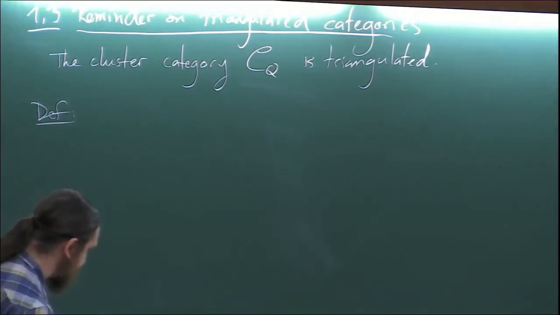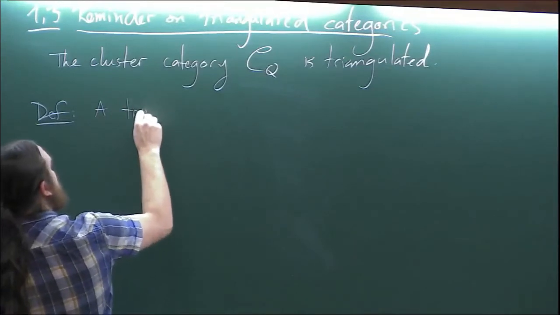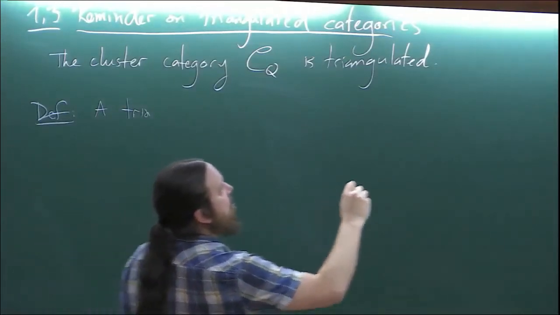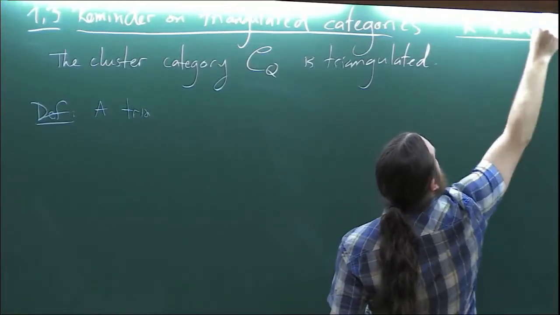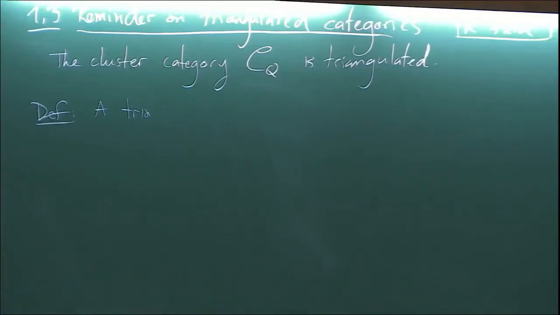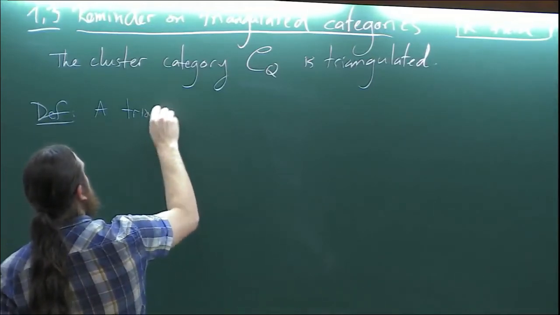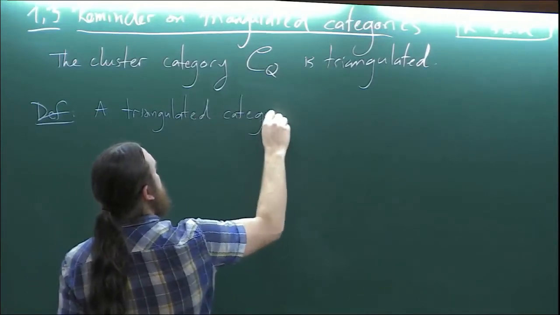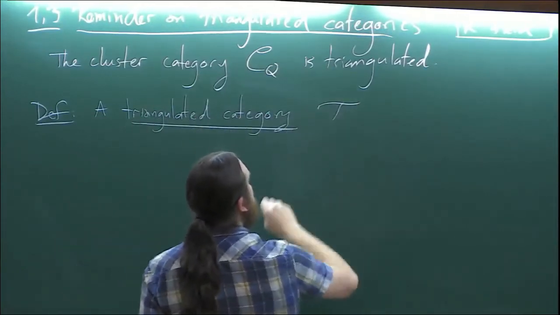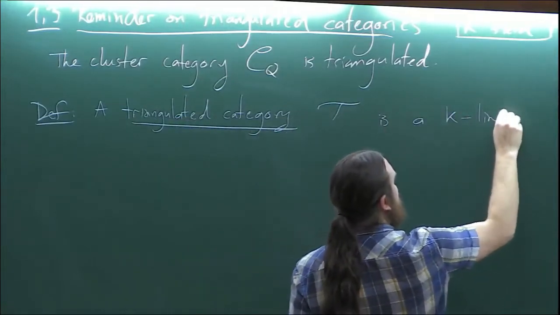Here's the definition. So a triangulated category, maybe I should say, for the moment, K is a field. At some point, it's going to be algebraically closed, and at some point, it's going to be the field of complex numbers. But for the moment, it's just any field. So a triangulated category, say T, is going to be in this talk a K-linear category.